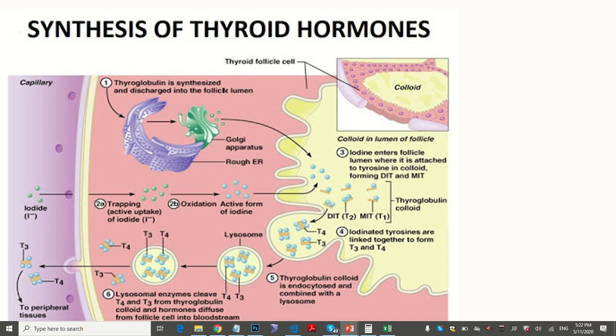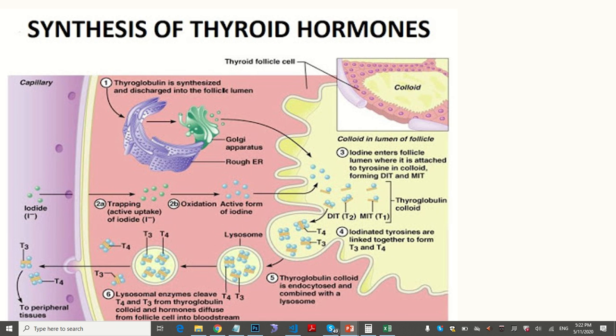So this is a very good diagrammatic representation of the synthesis of thyroid hormones. As you can see, in the first step, thyroglobulin is synthesized and discharged into the follicle lumen. What happens next is iodide uptake, so there is trapping of the iodine.